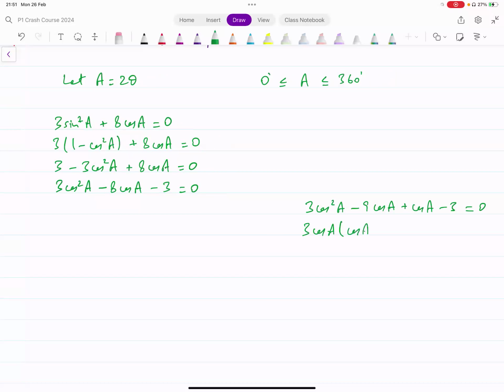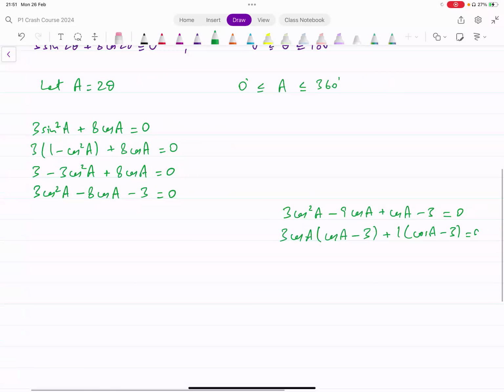That leaves you with cos A minus 3, plus 1 into cos A minus 3, equal to 0. You get two factors from that. One factor is 3 cos A plus 1, and the other is cos A minus 3. This is one possibility.